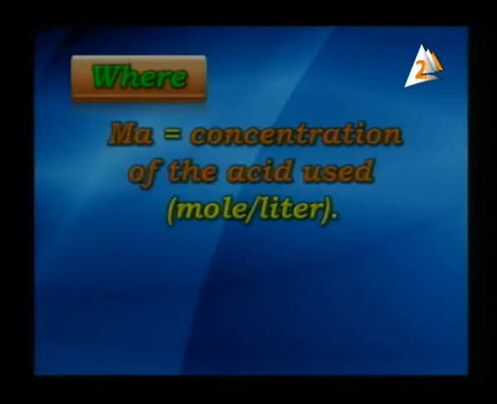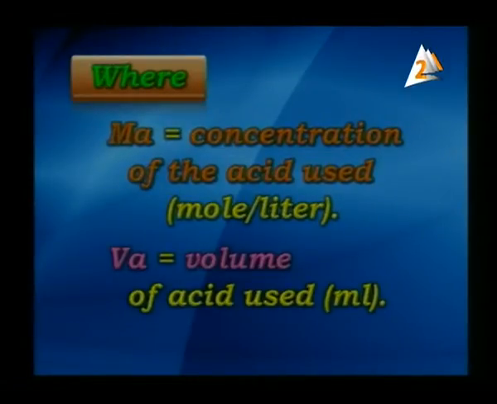Now Ma equals the concentration of the acid used, in mole per liter. Good. Mole per liter. What does this mean? It means the concentration of the acid that is used. Now Va equals the volume of acid used, in milliliters. It's great to know all of this, but do you think this is enough?